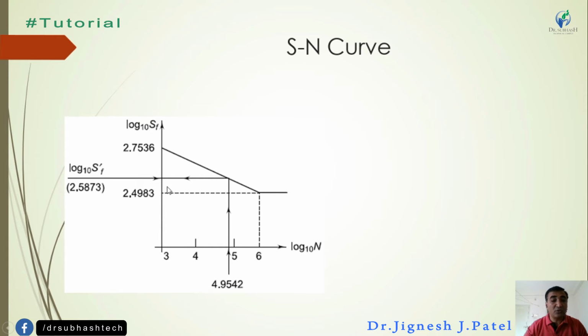Here at this point it is log SE, and the value is 2.4983. On this axis it is 3, 4, 5 and 6. Now the value of N is 90,000, so we have to find the corresponding value of this SF dash.